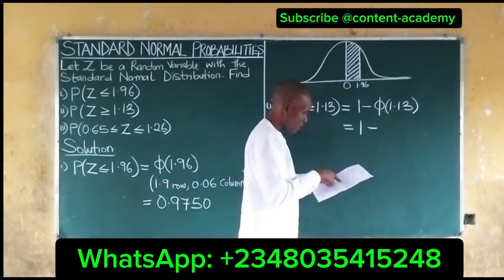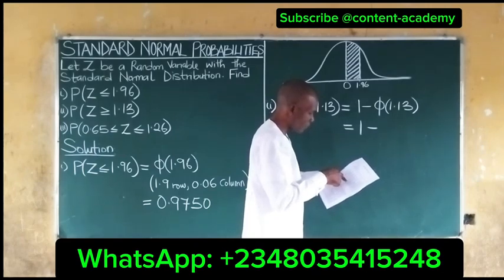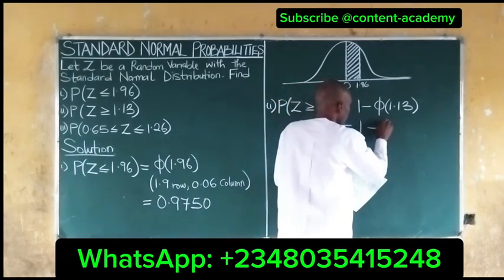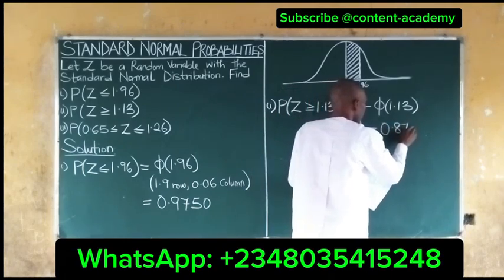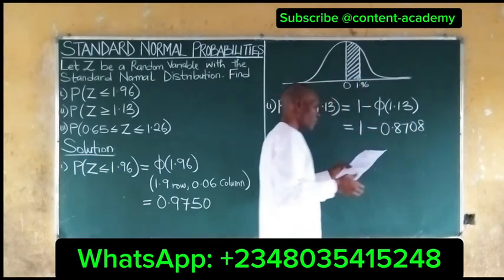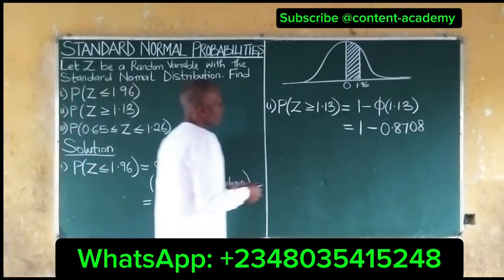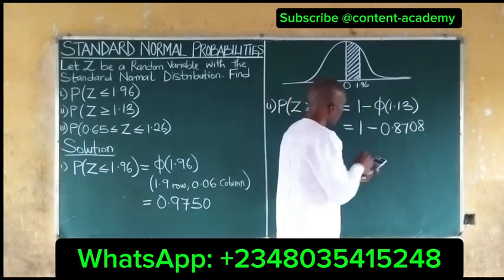We have 0.8708. So that is how we can obtain the associated value for the standard normal curve.